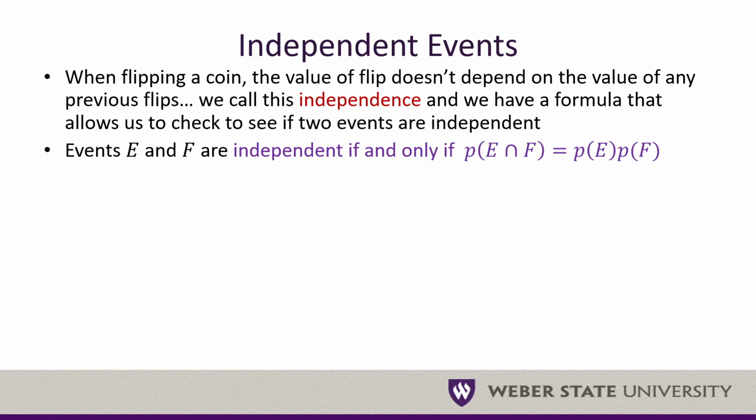If I have two events, E and F, we say that they're independent only if the probability of the intersection is equal to the product of their probabilities.